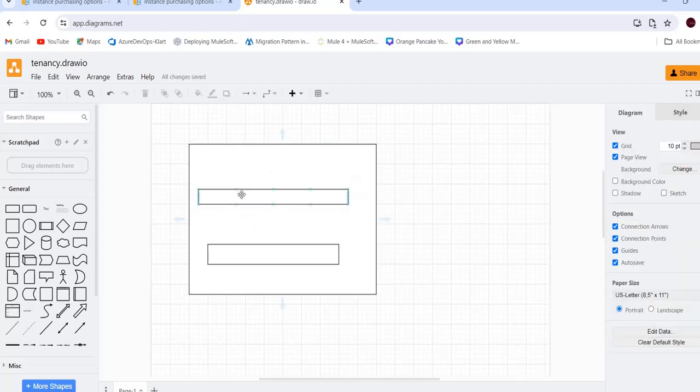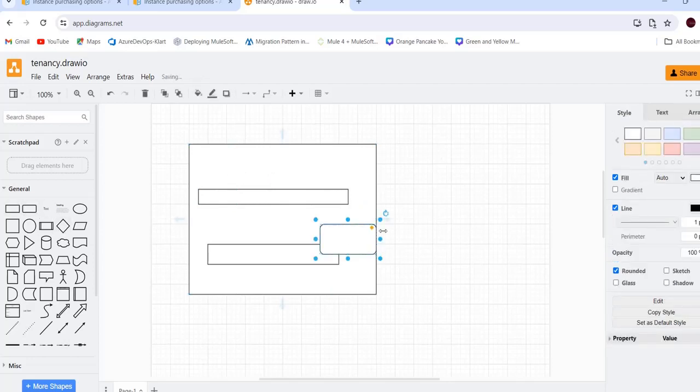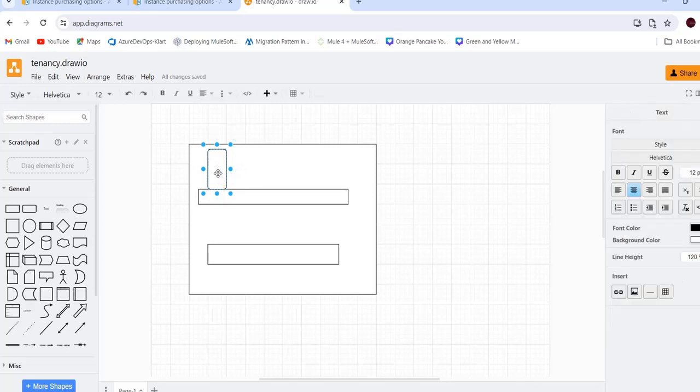This single physical server itself can be split into multiple virtual machines, which we have already seen. Let's assume that we have one organization, for example ABC. They have hosted their applications on this virtual machine, this EC2 instance. So this is for company ABC.